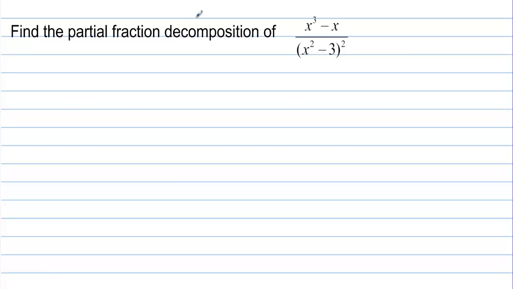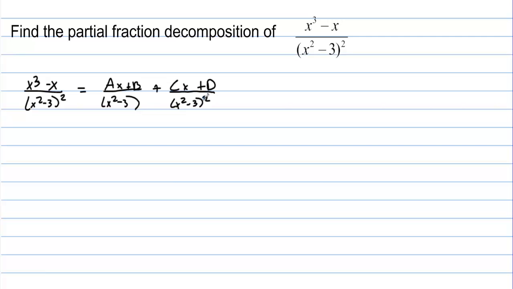Find the partial fraction decomposition of this one. X to the third minus x over x squared minus 3 squared is equal to ax plus b over x squared minus 3, and then plus cx plus d over x squared minus 3 squared.